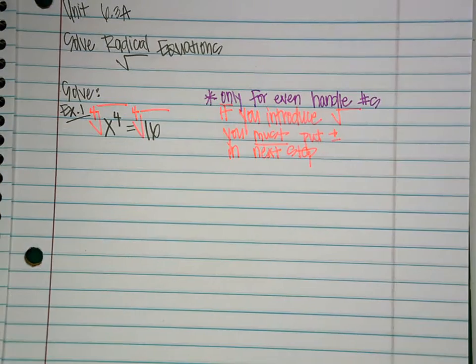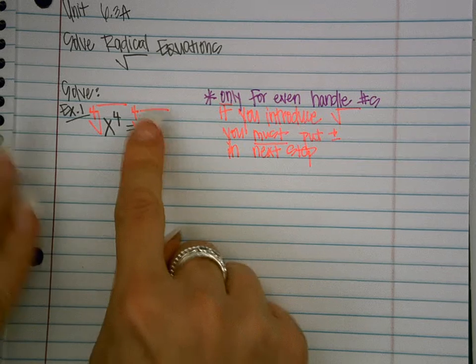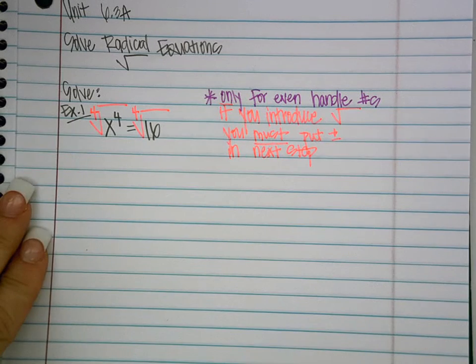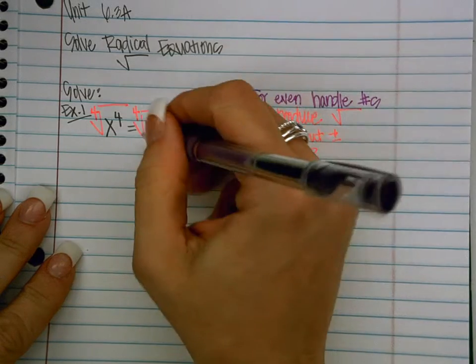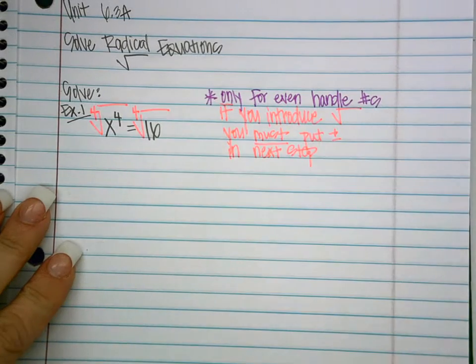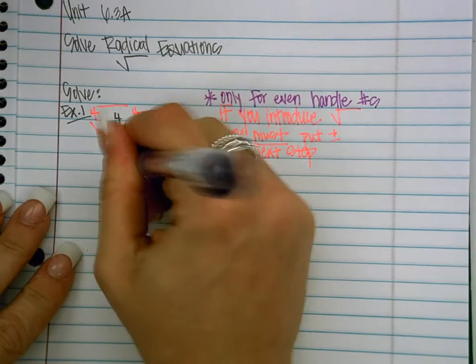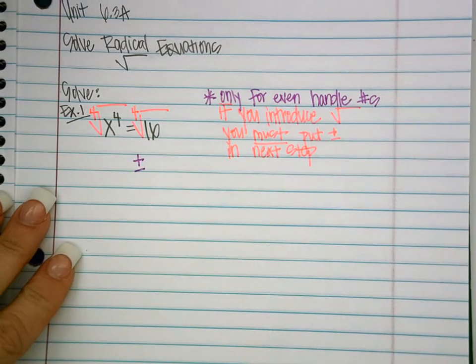So only on even handle numbers, you have to put plus or minus in the next step. For this one, 4 is even. Mainly it's just 2 and 4, most of the time just 2. So automatically, if you introduce the root, meaning it didn't come with it to start with, you have to put plus or minus in the next step.